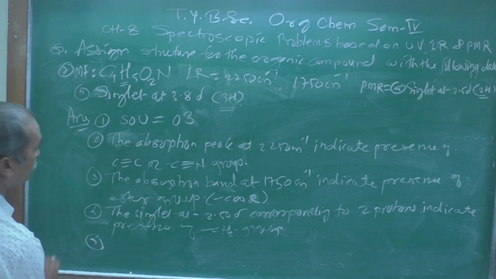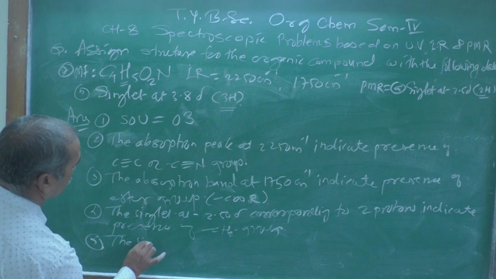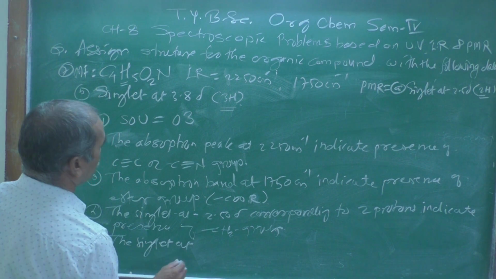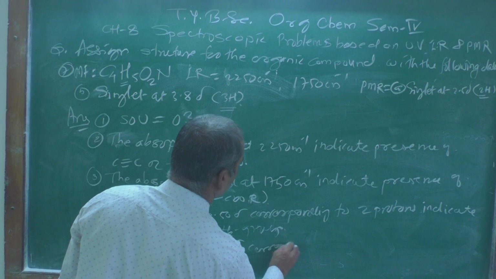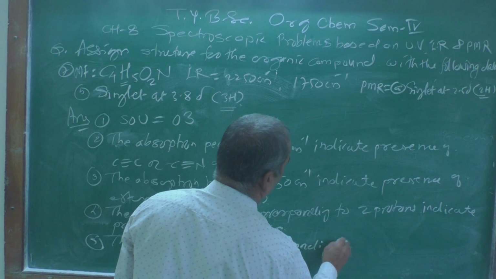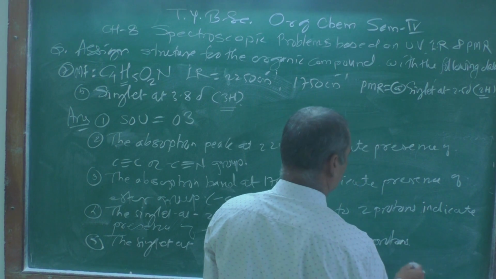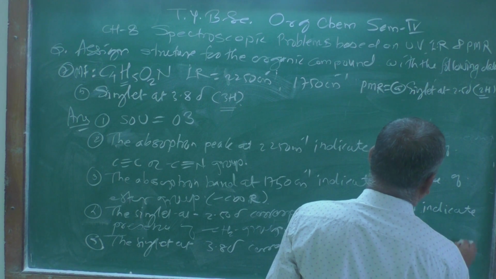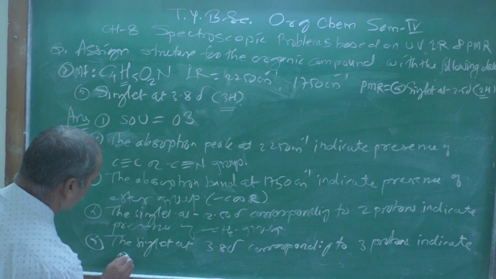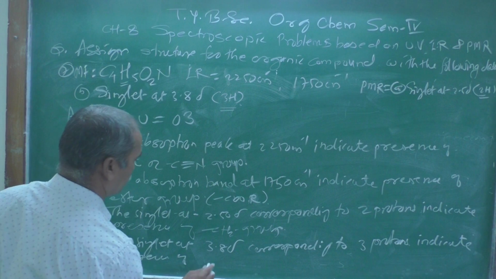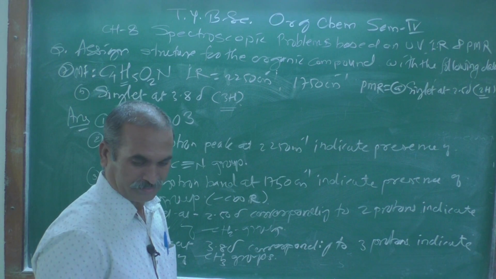Now the fifth point: the singlet at 3.8 delta corresponding to three protons indicates the presence of a CH3 group.